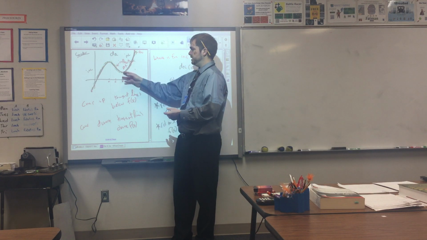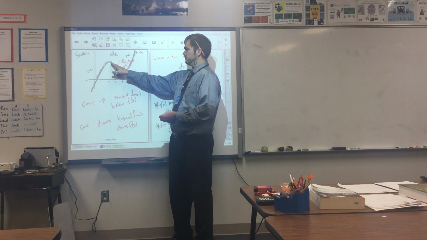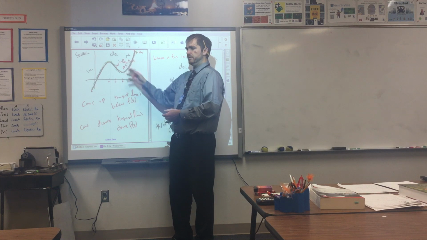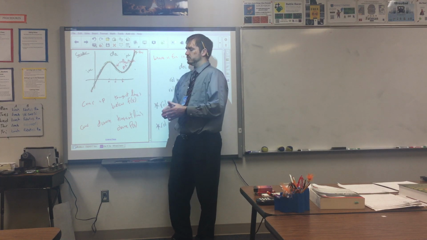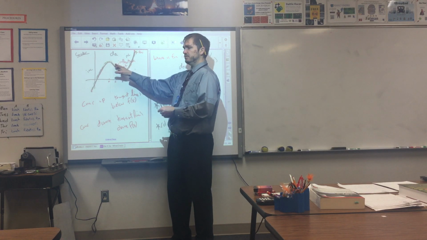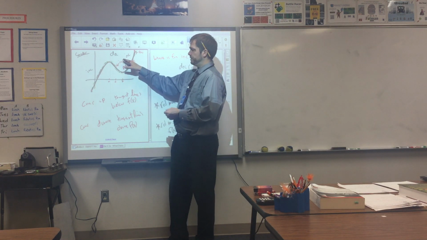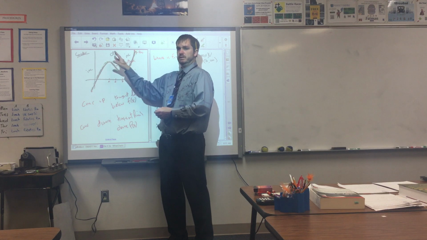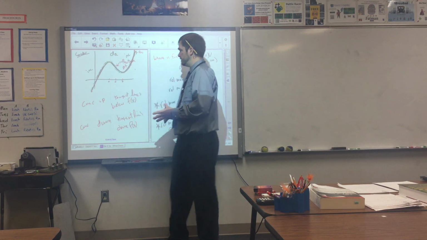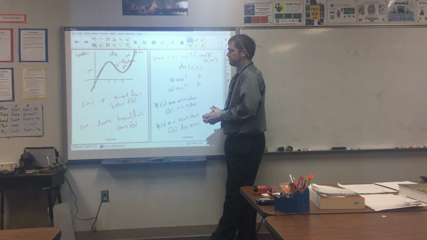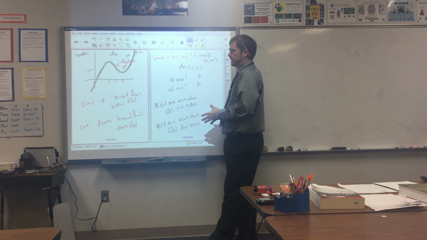Same thing with the relative min on the function. That occurs when the function goes from decreasing to increasing. But if we're looking at the derivative, that's when the derivative goes from negative to positive. And then the inflection point was a place when the second derivative went from negative to positive or positive to negative. So all kinds of really neat things that we found out about the derivative.